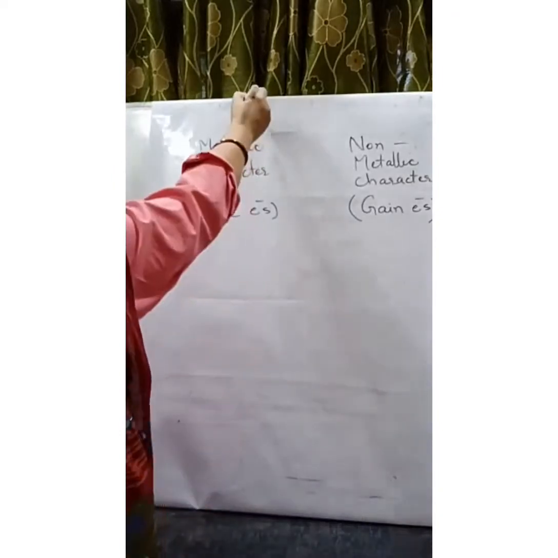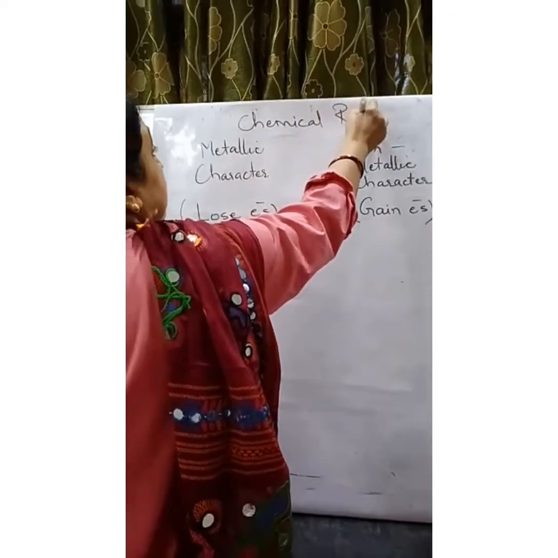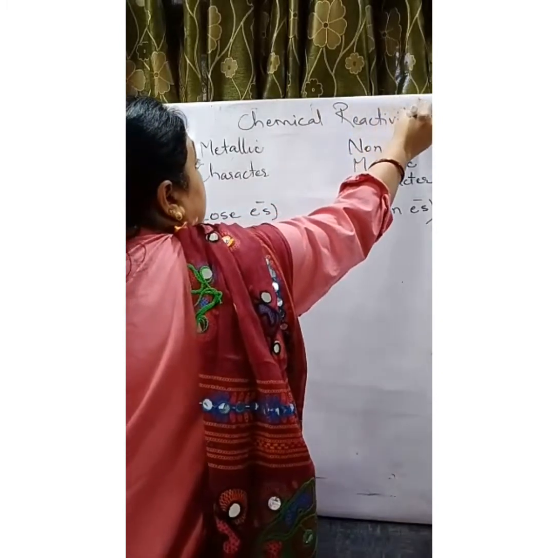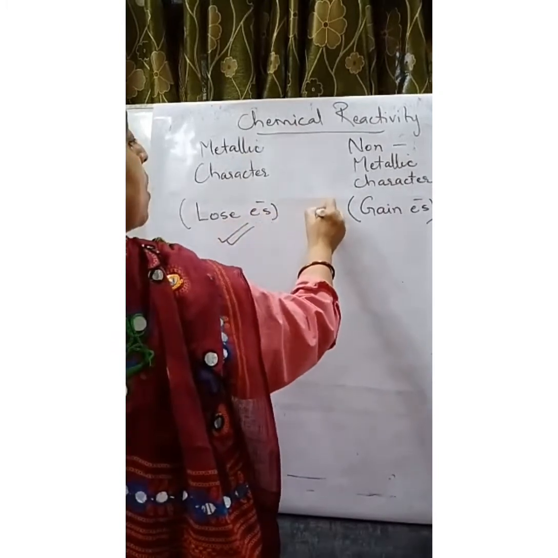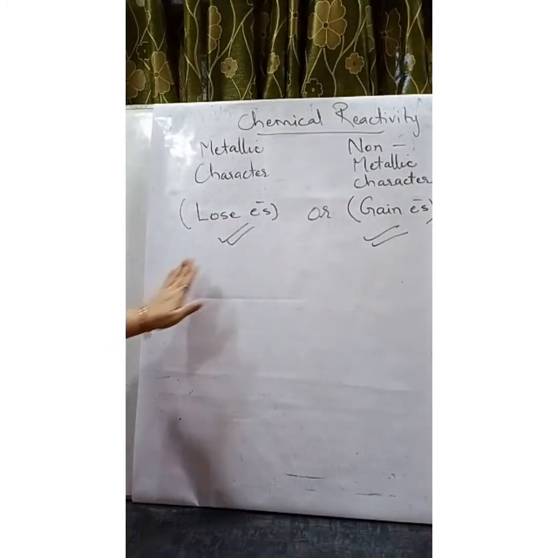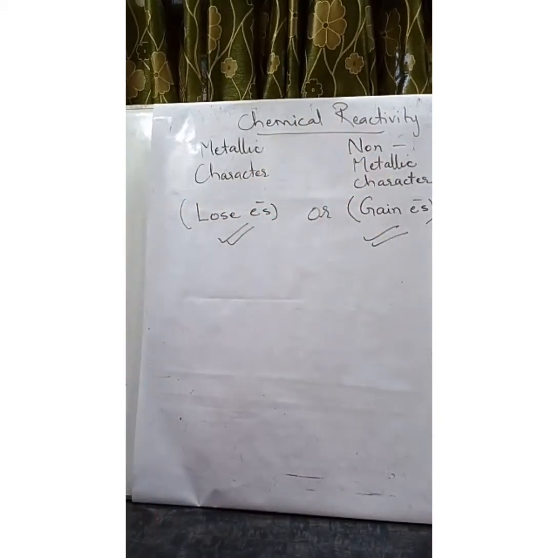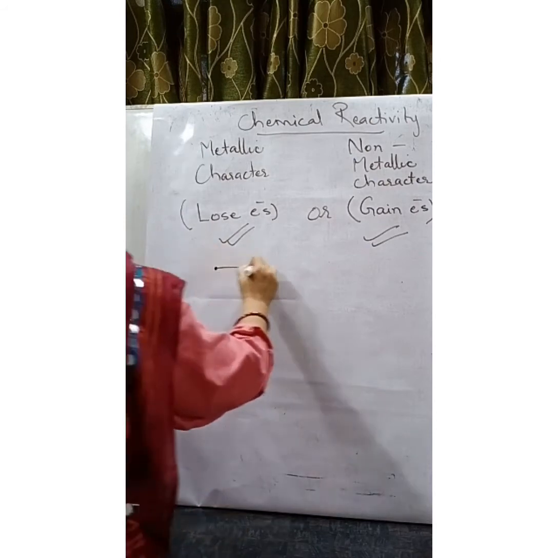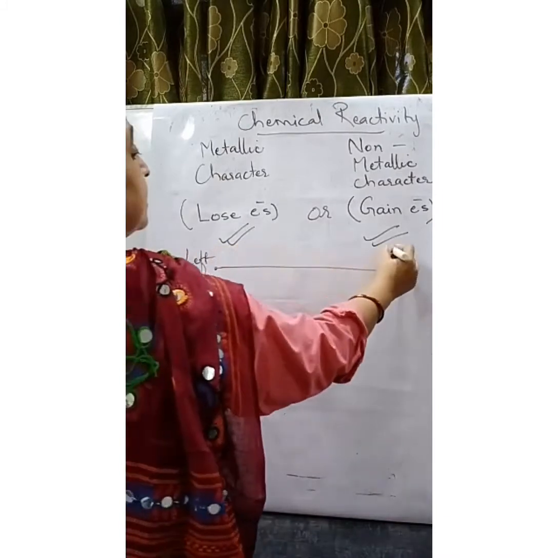Now, using these two characteristics, we can define chemical reactivity. Chemical reactivity means the tendency to either lose electrons or to gain electrons. Both are included under the term chemical reactivity. So what can we say about its variation when we move from left to right in a period?